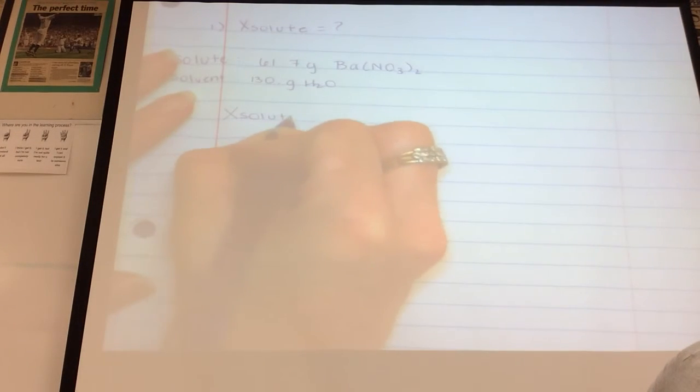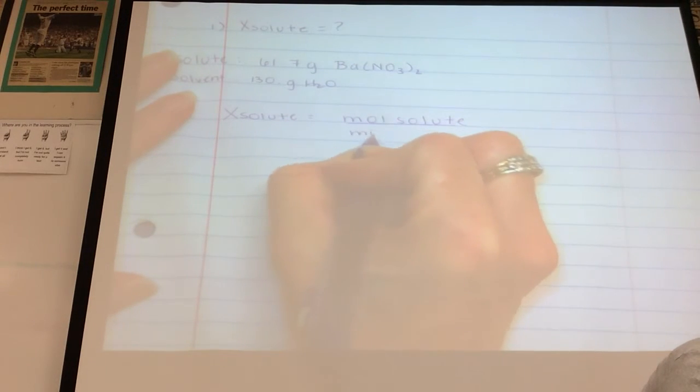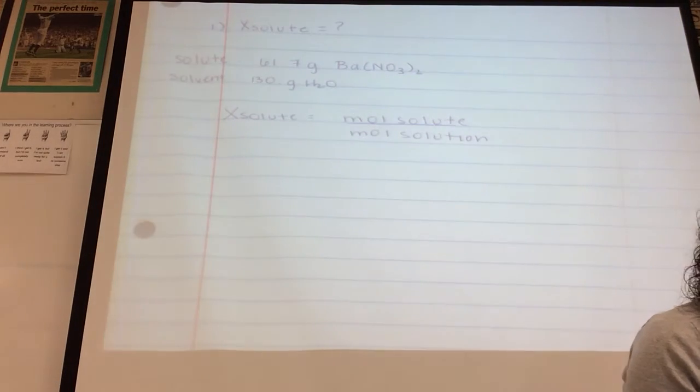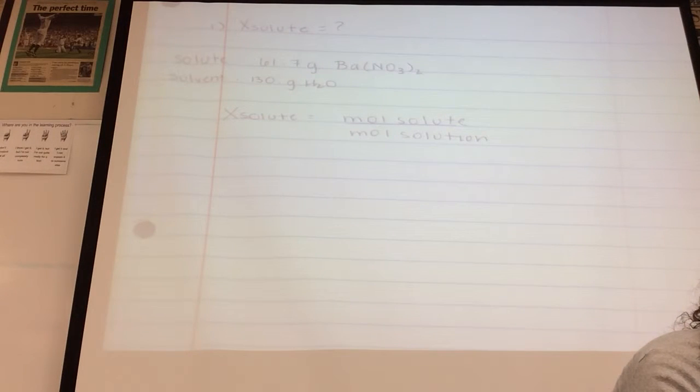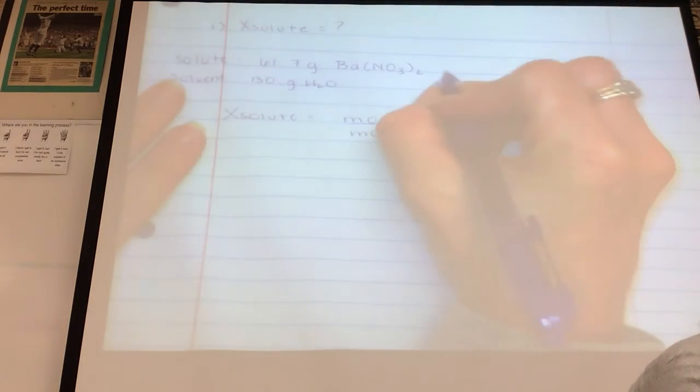So mole fraction of the solute is moles of solute over moles of solution. Watch the denominator. That's where the mistake usually comes in. We want to convert this to moles.